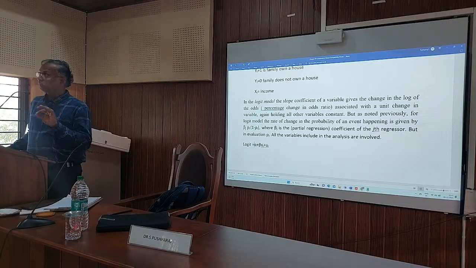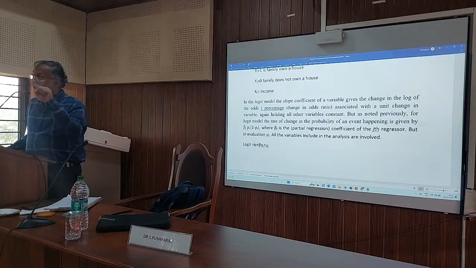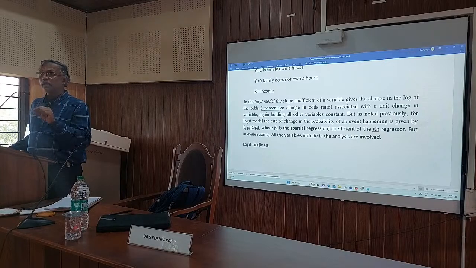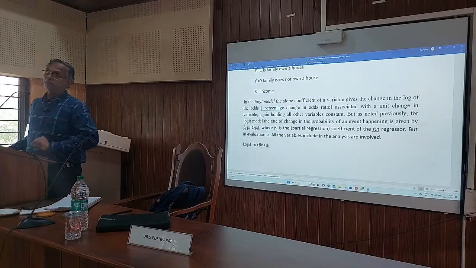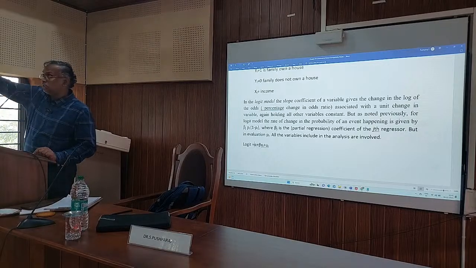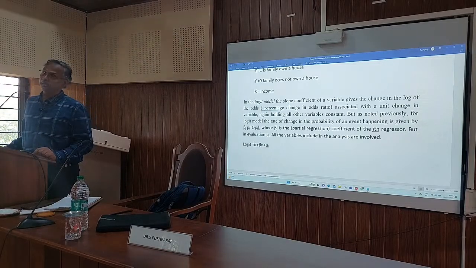If you want to see the odds, you have to take the exponential, that is the anti-log. Exponential is the anti-log value, so you have to take anti-log of beta to find the odds ratio value. To convert the logit into odds ratio, you have to take the exponential value.